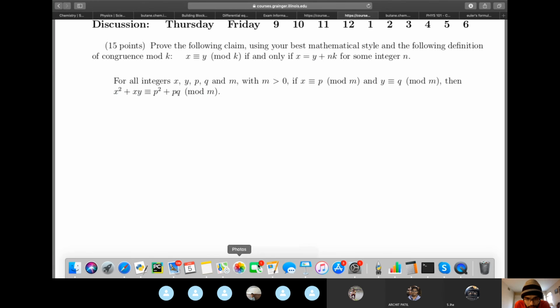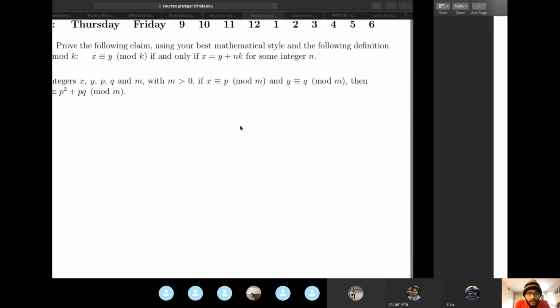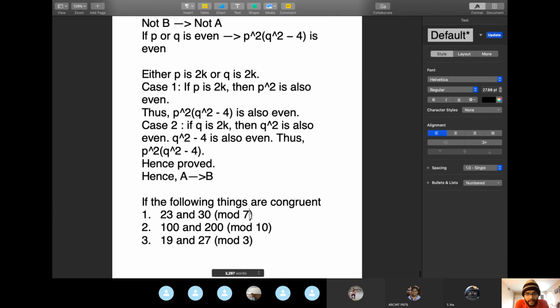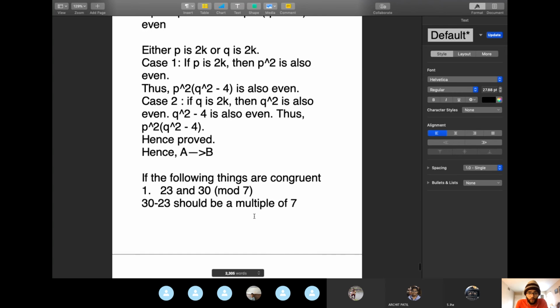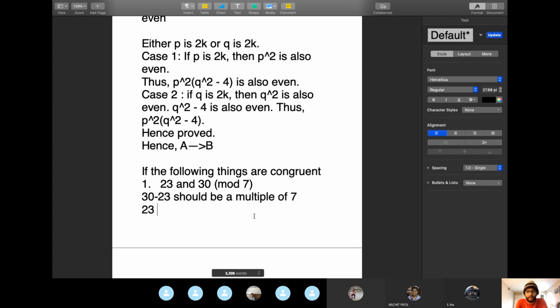So in this case, we are saying that if 23 and 30 are congruent to each other mod 7, then it means that 30 minus 23 should be a multiple of 7. Therefore, we can say that 23 is equal to 30 plus some multiple of 7.